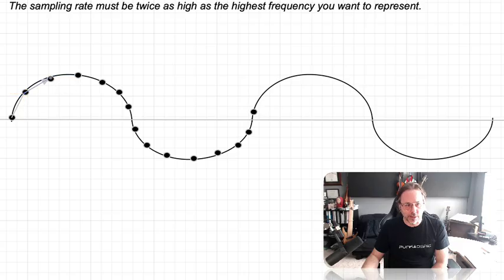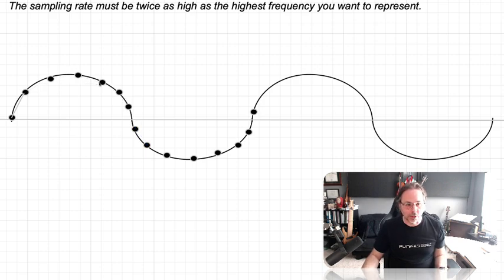It's going to put together a waveform that looks something like this, and it's going to be pretty accurate to what the waveform actually is, because that missing information isn't very much.